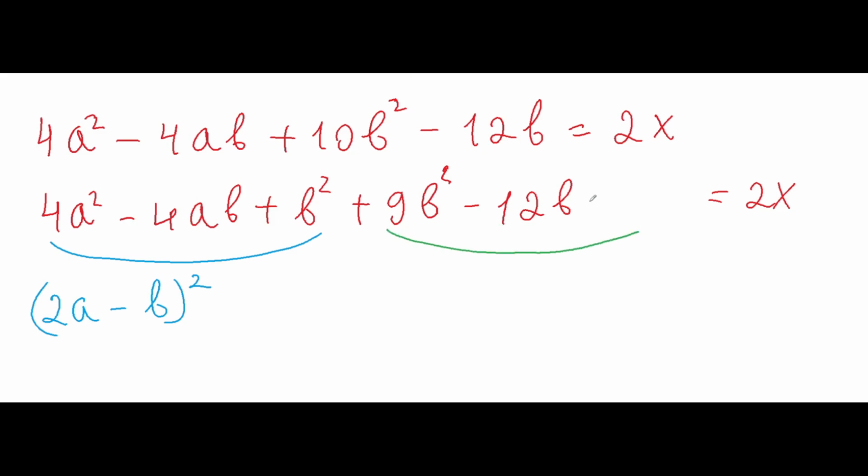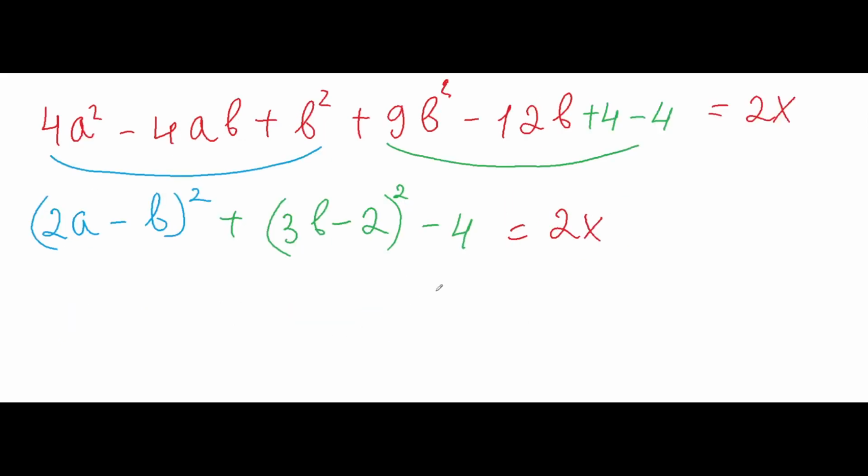So we have to add up 4, because 2 squared is 4. So plus (3b minus 2) squared. And if we wrote 4 here, we have to subtract also 4, and it will be minus 4, and it will be equal to 2x.